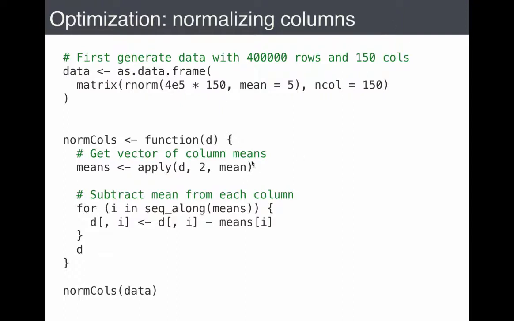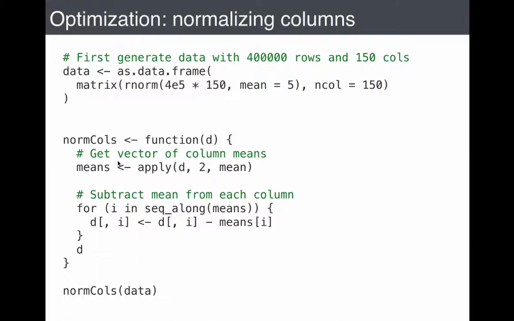Okay, so one thing you might do is write a function that will normalize the columns. Let's say I want to take each of these 150 columns and make it so that the mean of that column is 0. So I take the original data for each column, find the mean of that, and then subtract that mean from each column.